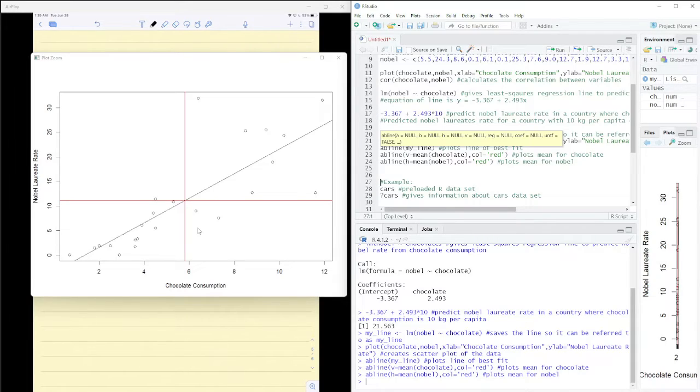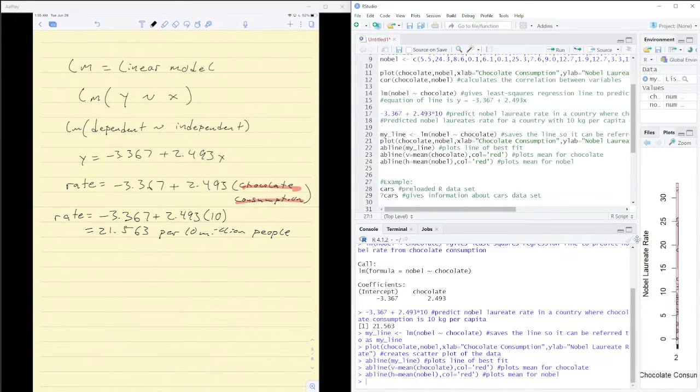And this will always happen. Moving on to the next example, let me clear this.